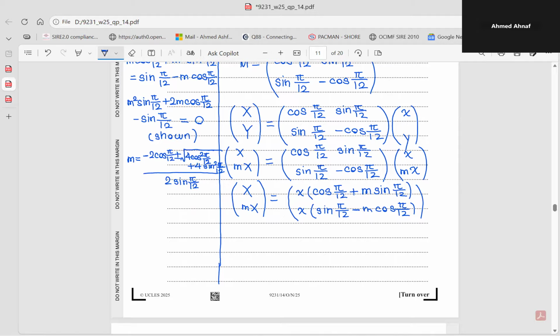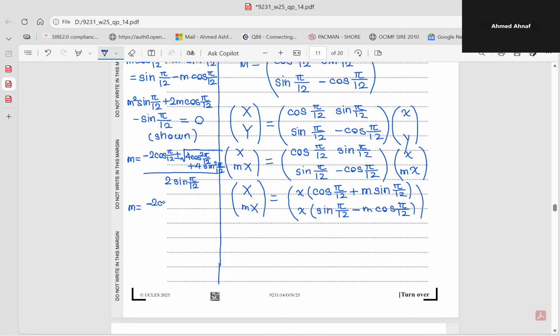Let's simplify the square root. It's 4 cos square pi over 12 plus 4 sine square pi over 12. You can factor out the 4, so you get 4 times cos square pi over 12 plus sine square pi over 12. Cos square plus sine square is just 1, so it's just the square root of 4, which gives you 2. Now let's split this up.